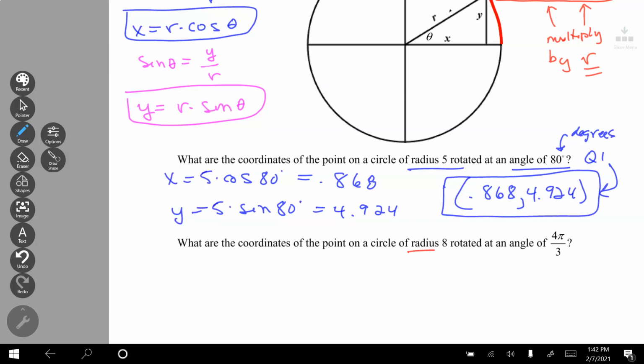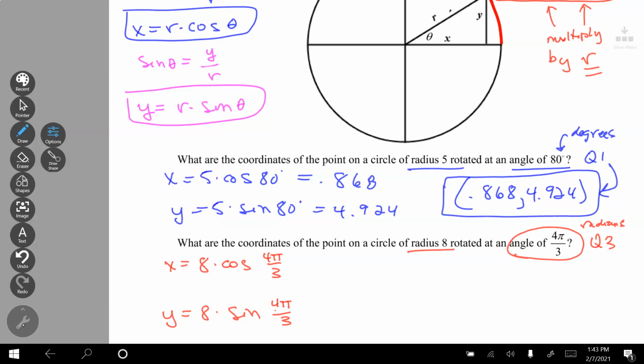Next example, I have a radius of 8 and an angle of 4 pi over 3. Since the numerator is 1 more than the denominator, I know that is quadrant 3. It's in radians, so I'm going to have to use some exact values. So x is equal to 8 times cosine of 4 pi over 3, and y is equal to 8 times sine of 4 pi over 3.